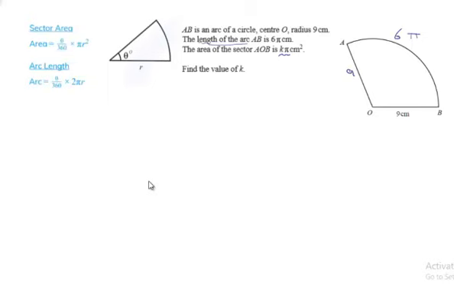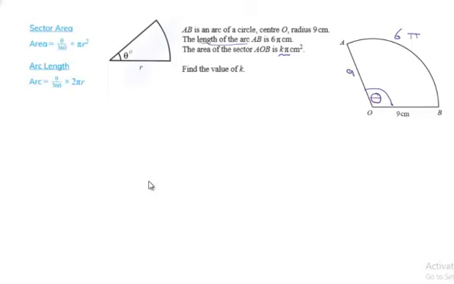Find the value of K. In other words, we have to find the value of the area and compare it with K pi. What are we missing here? We have the radius. What is missing is the angle, theta. So our first mission is to find the value of theta.